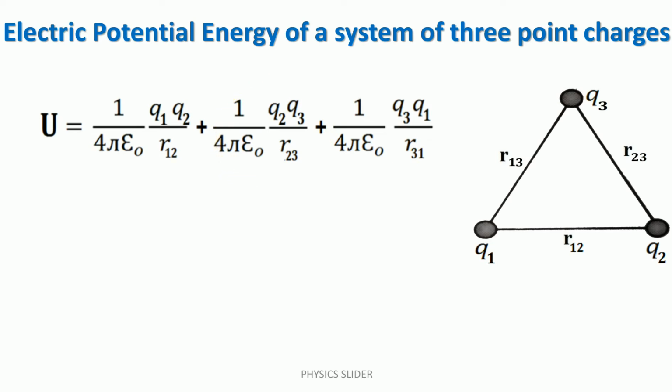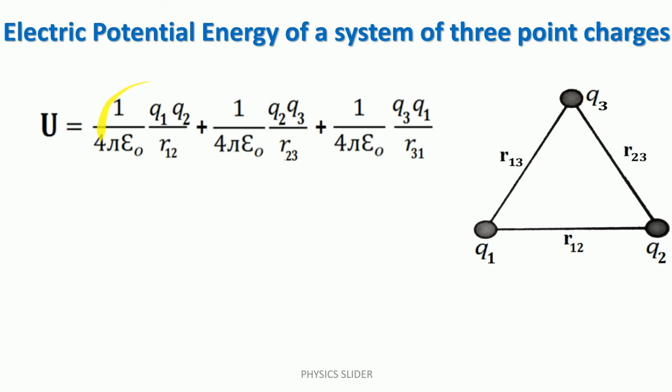In the same way, for the pair of charges q1 and q3 separated by a distance r13, the electric potential energy will be 1 upon 4 pi epsilon naught q3 q1 upon r31. Let's sum them up to calculate the total electric potential energy.